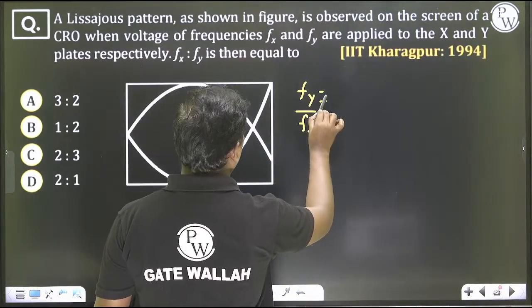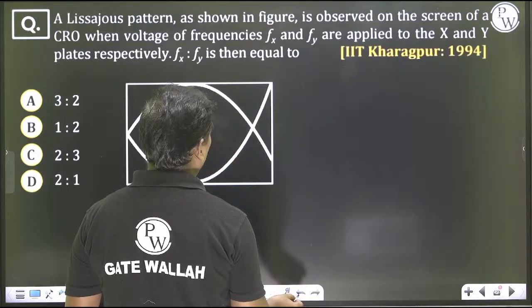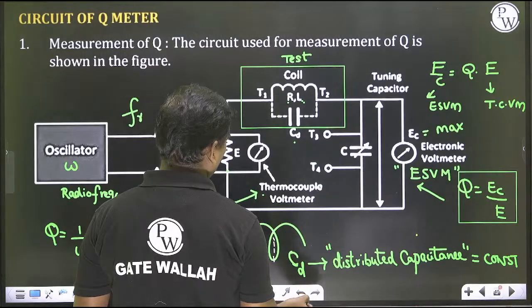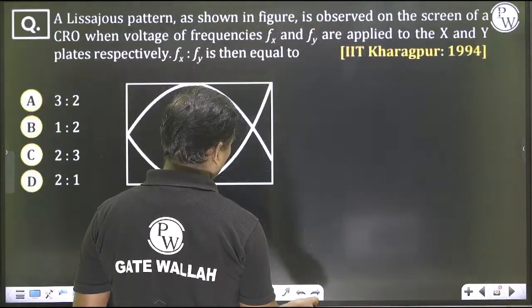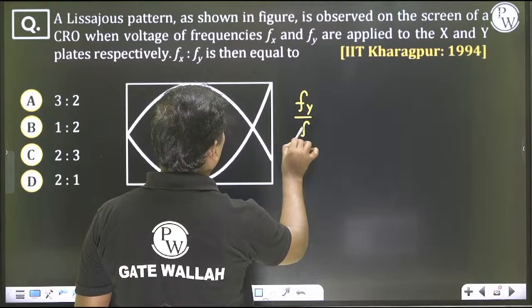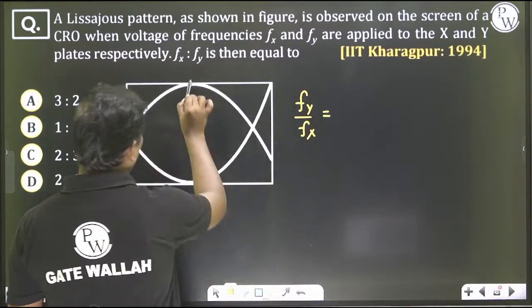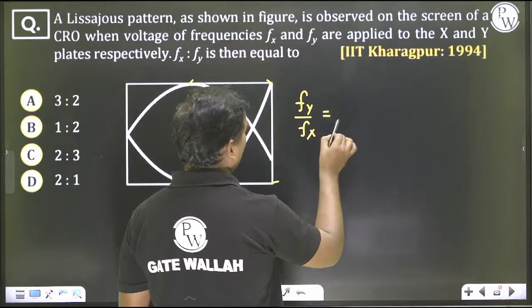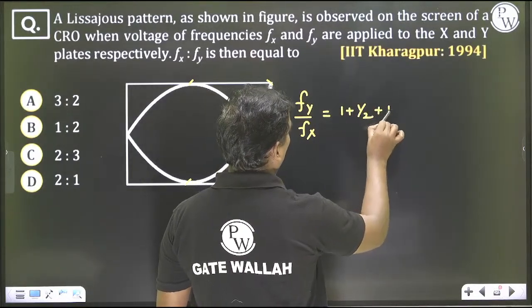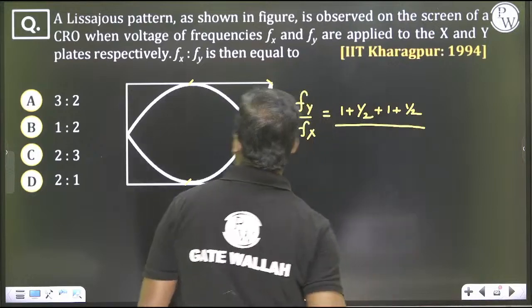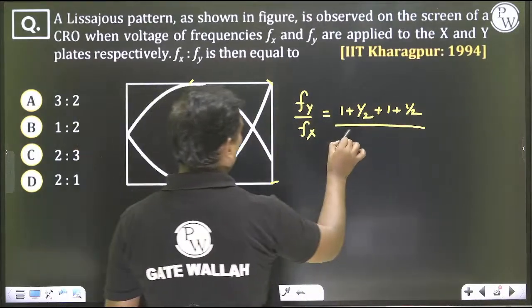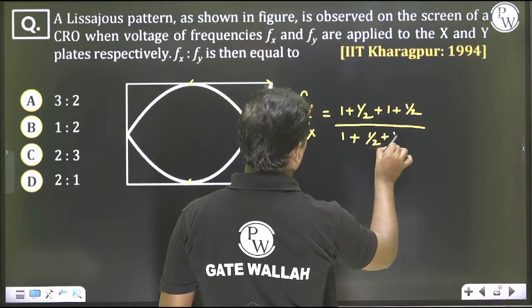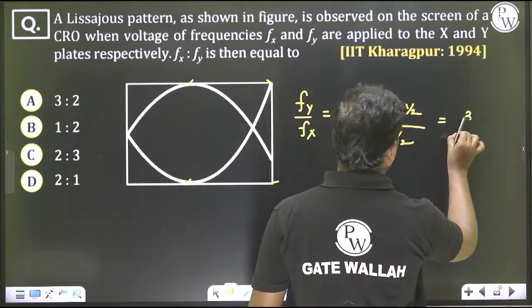If you take the horizontal method, 1 plus half plus 1 plus half, divided by the vertical 1 plus half plus half, so it will be 3 by 2.